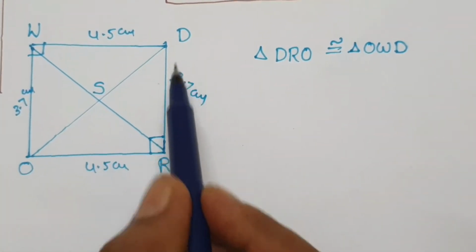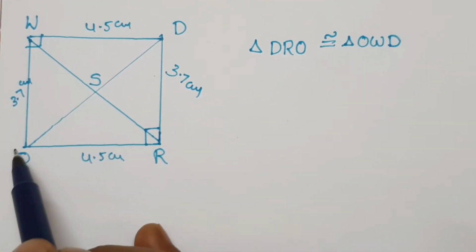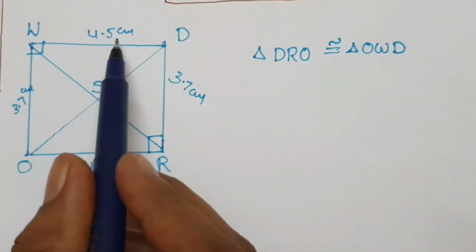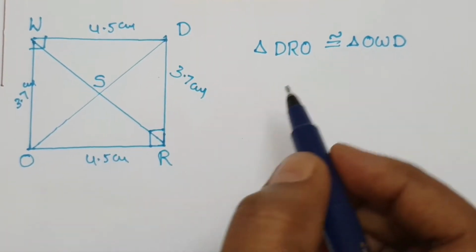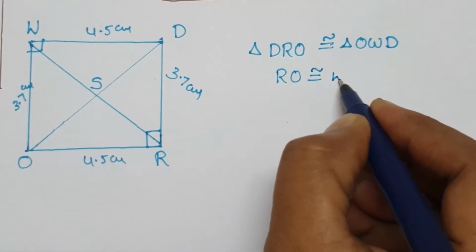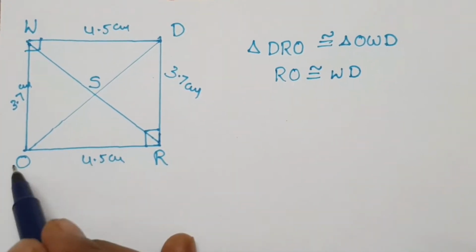Here DRO means 3.7 after 4.5. Here also OWD, 3.7 after 4.5, like this. Congruent. And RO is congruent to WD. Observe that figure.